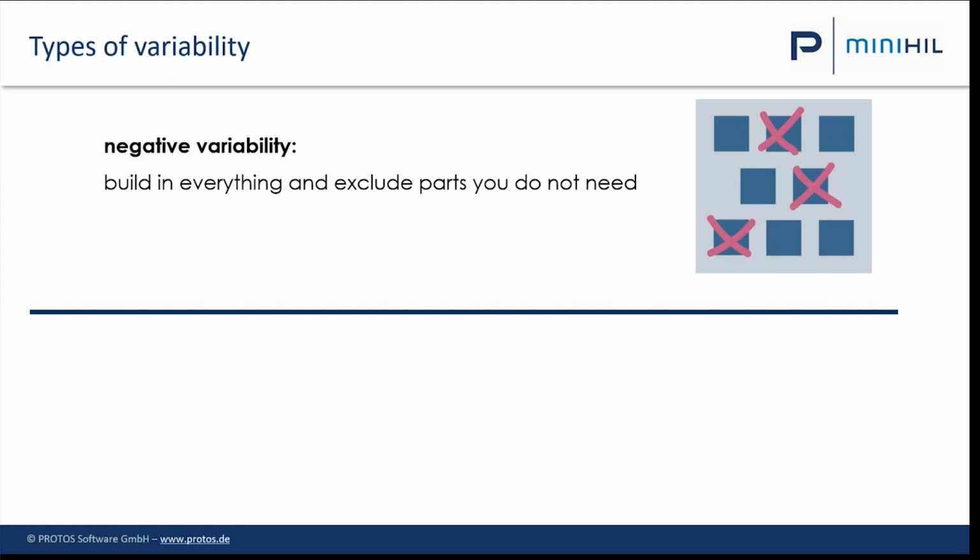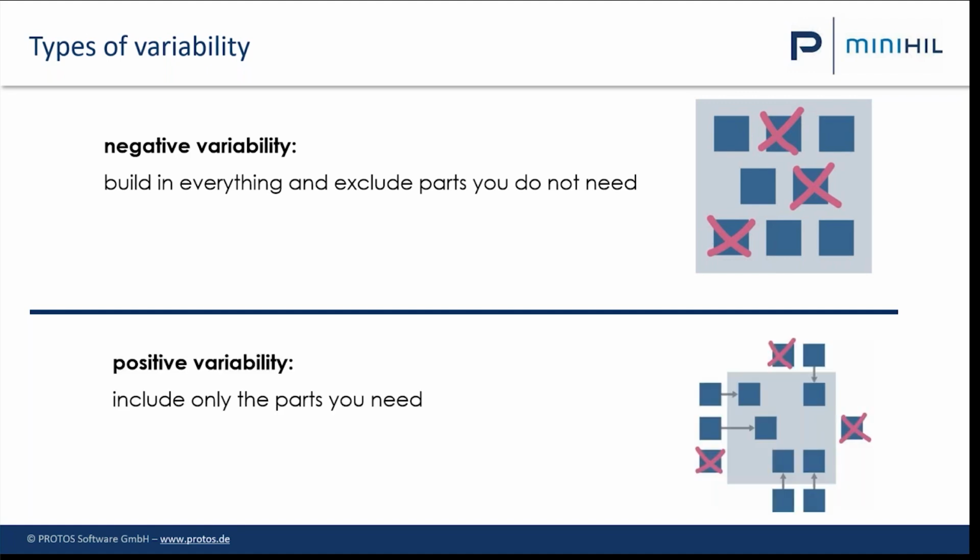That's called negative variability. The positive variability is you only deliver what you need. You include only the parts you need in your software and leave everything else out. That's a little bit hard to do in many embedded systems because you have to deliver them, and in many cases you cannot change them where you install them. So usually in many embedded systems you prefer a negative variability.